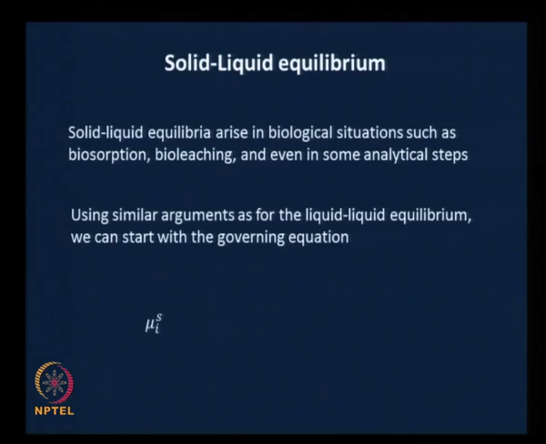The chemical equilibrium is the equality of chemical potentials of a certain component across phases. So, if we use that, then we come across the condition that the chemical potential of the component i in the solid phase must equal the chemical potential of the same component in the liquid phase.